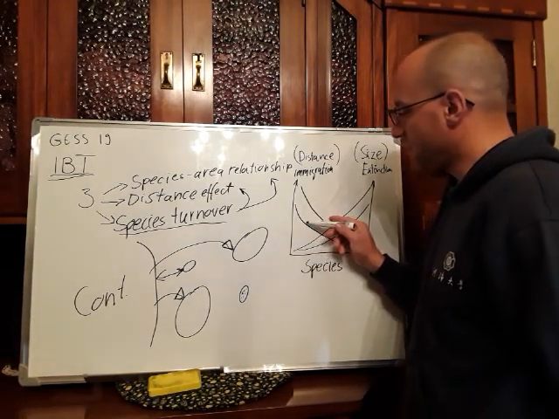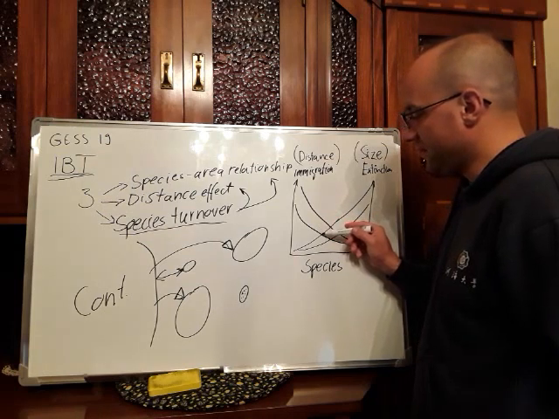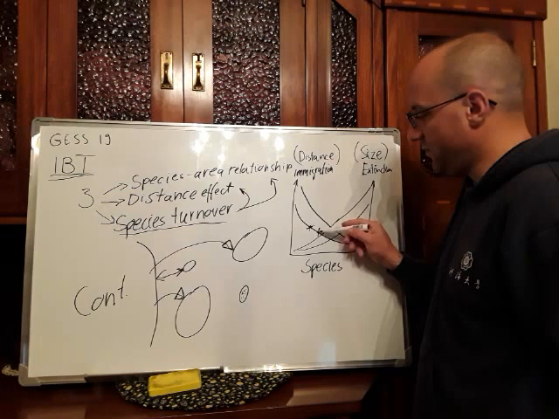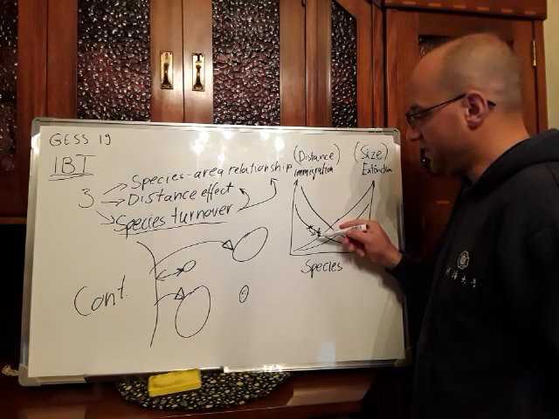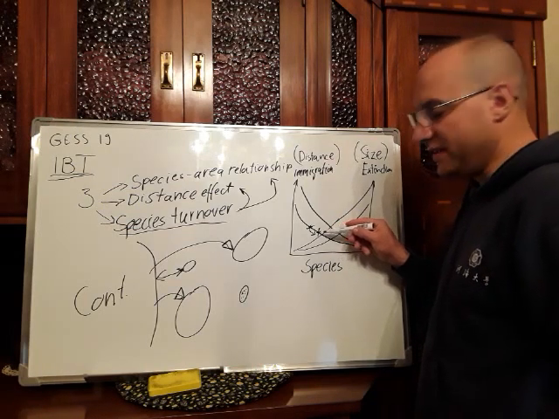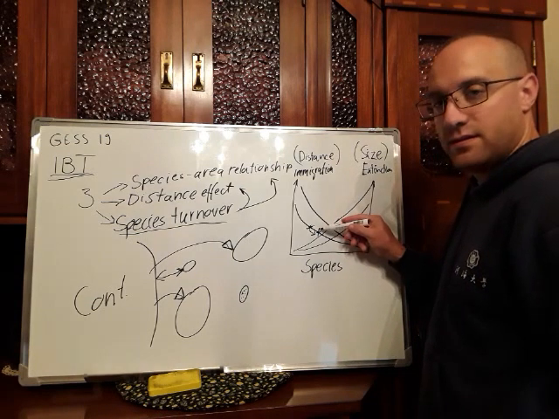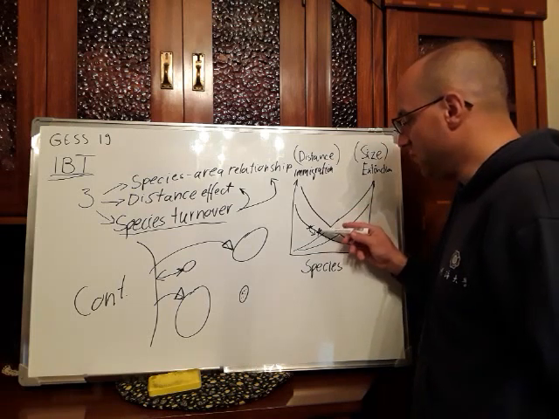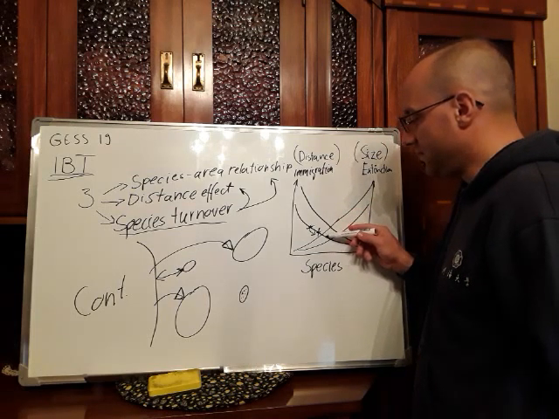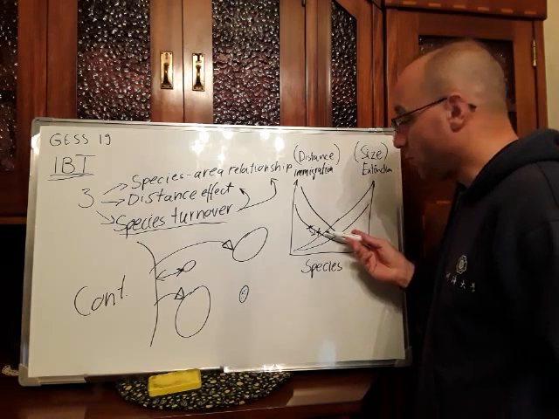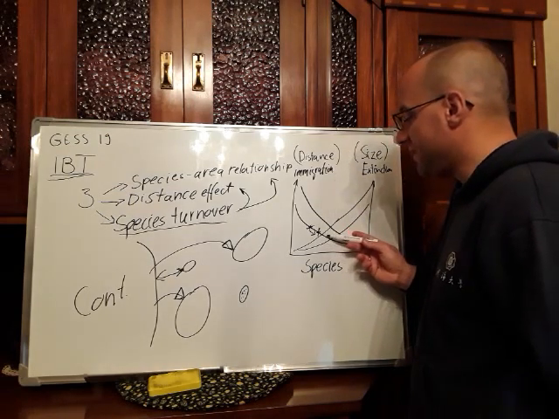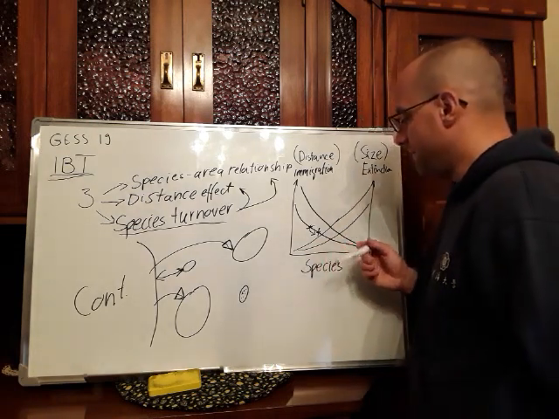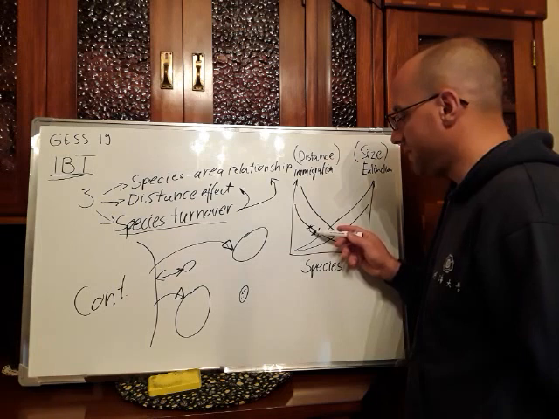And whenever there are more species present, if I compare this point to this one, there is a higher number of species already over here. So there will be less and less possible new species that could colonize. So the more species we have already, the smaller the chance that newer ones would occupy our territory.